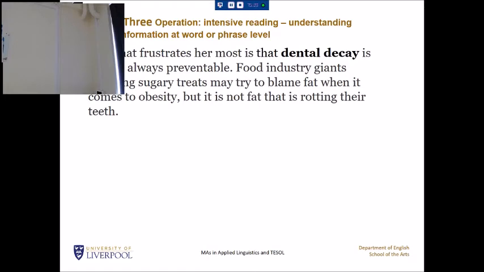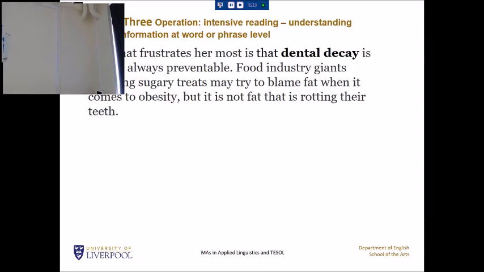Peddling. Any idea? Can you guess what peddling is? Peddling sugary treats. Peddling treats. Come on, buy my chocolates, it's wonderful. Come on, buy my cakes, they're wonderful. Come on, buy it. I'm peddling. Selling through advertising.